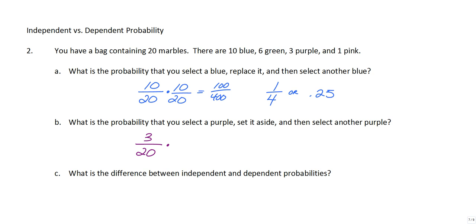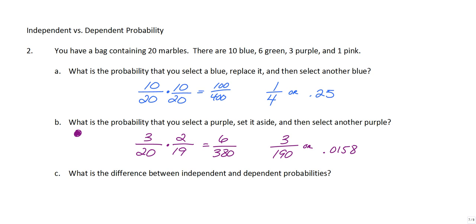You now only have 19 marbles left in the bag, and only 2 of them are purple, because we just put this other purple marble aside. So he's no longer in there. Multiply those two together, and you should end up with 6 out of 380, which would reduce to 3/190, or 0.0158.